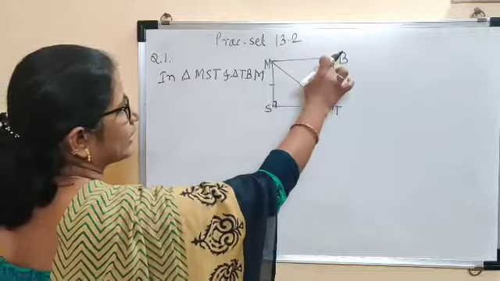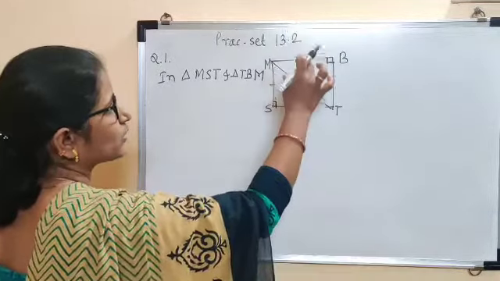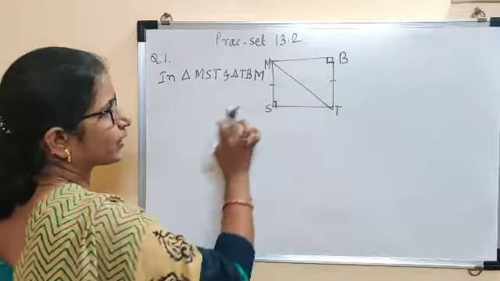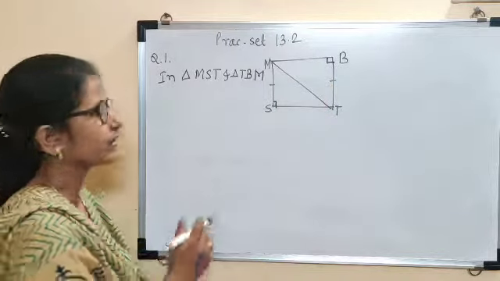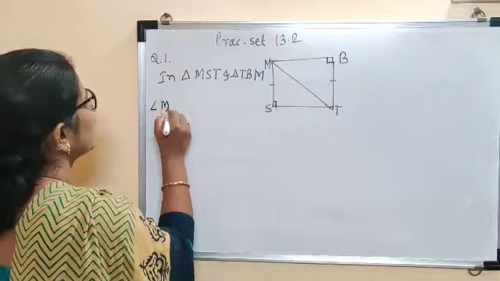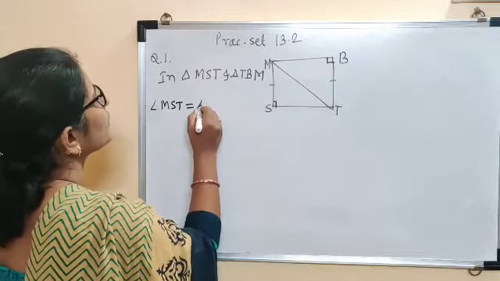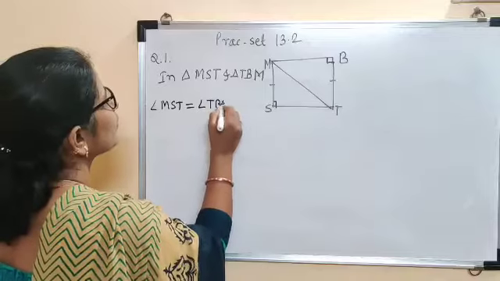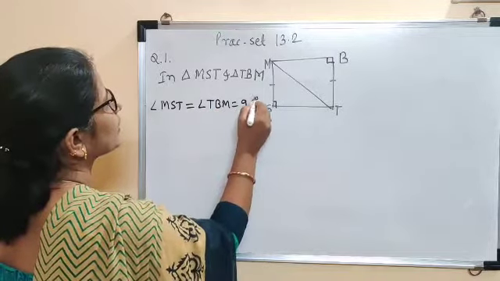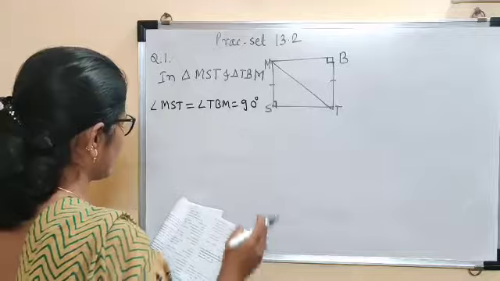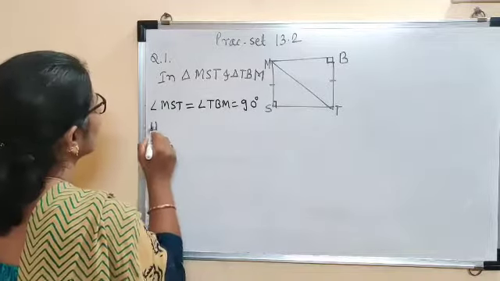MST, this one, and TBM. In these two, the two angle measures are given as 90 degrees. So angle MST equals the measure of angle TBM, 90 degrees. And next is the hypotenuse side.